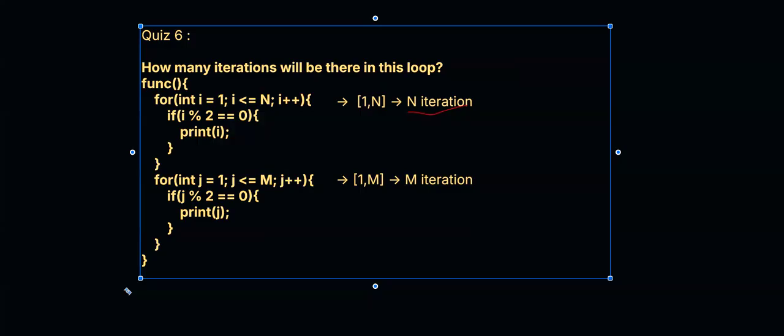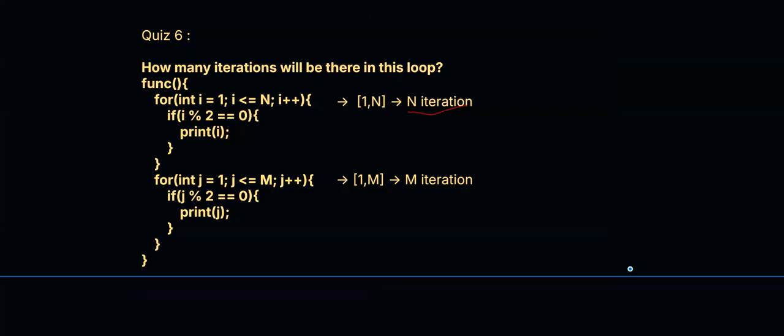If Shivam went to the market and bought 4 apples and 5 bananas, how many total fruits did he bought? It should be 4 plus 5, which is 9, correct? Here also, both for loops are separate. The first one has n iterations and the other has m iterations, both for loops are separate. So that's why the output is n plus m. Maybe someone might think it's n into m or something, so please take care.